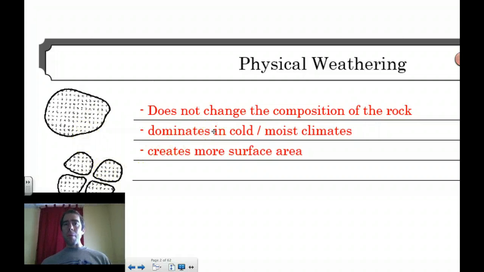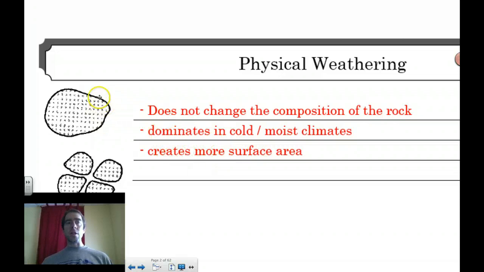This is primarily happening in cold and wet climates mostly because of water freezing and thawing, and that causes the rocks to break when water gets into little spaces, and it creates more surface area, and we'll do a couple labs with this.